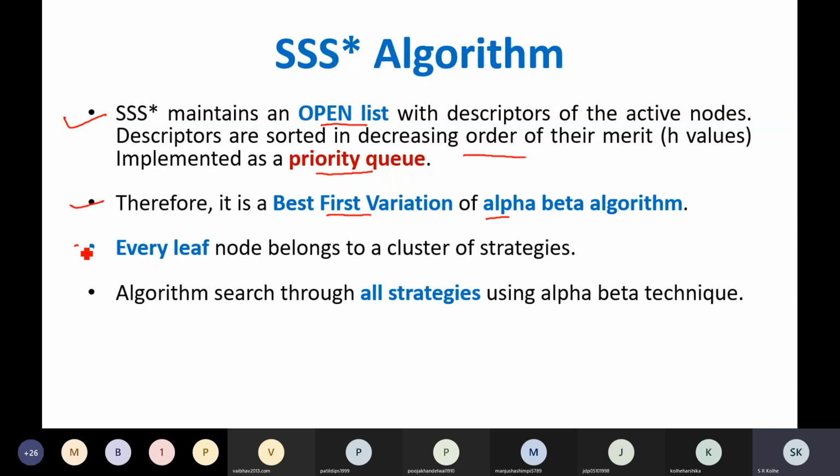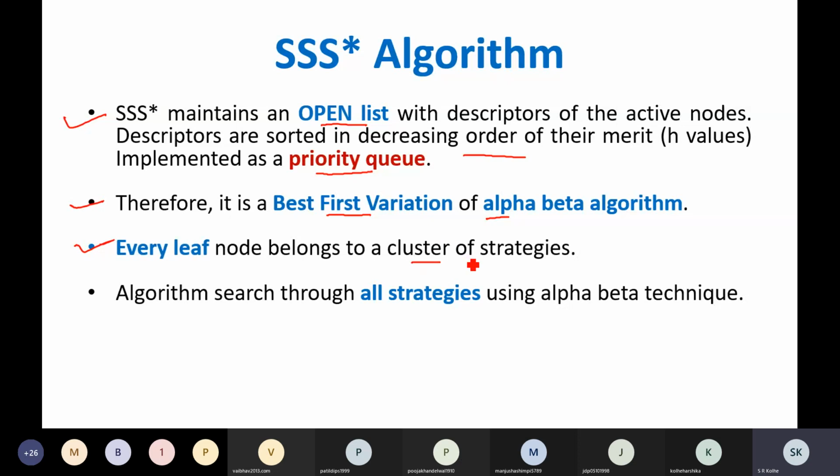And we have seen that every leaf node belongs to a cluster of strategies. In a 4 ply game tree, every leaf node belongs to how many strategies? Two strategies.